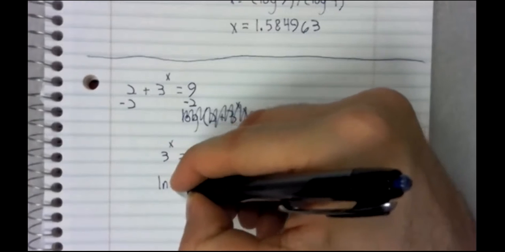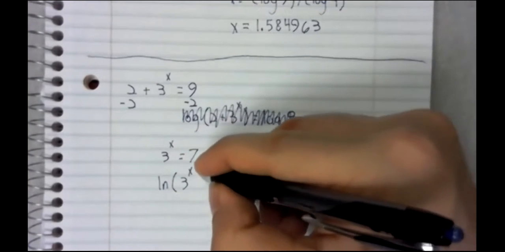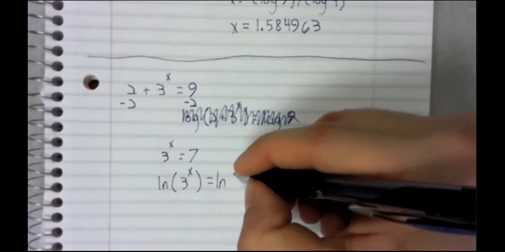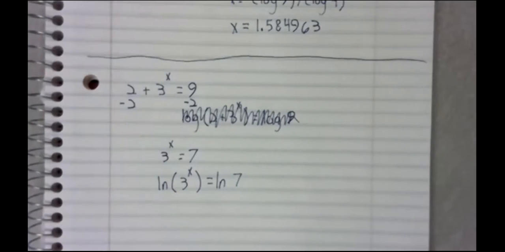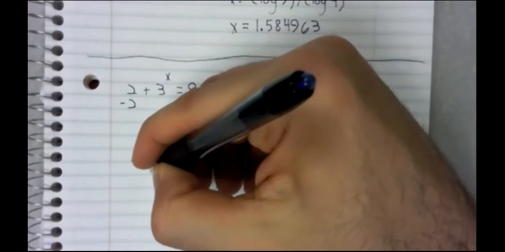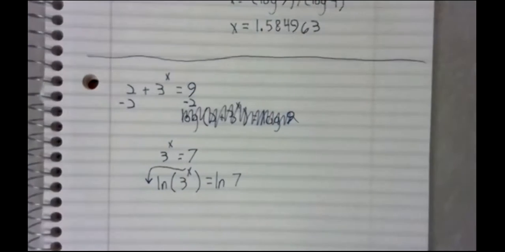And just for the sake of variety, the last problem we did, we took the common logarithm of both sides. This time around, let's take the natural logarithm. And that doesn't change anything fundamentally.